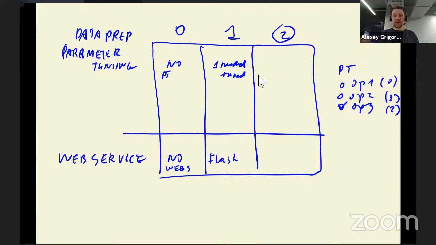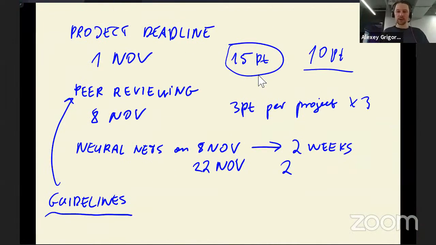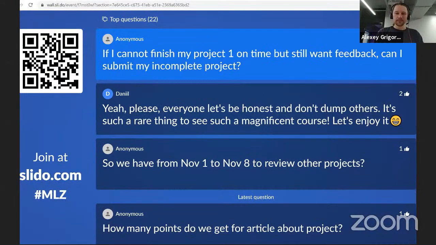You will still learn something and you will still get feedback. Regarding the passing criteria, I'll just need to take a look at the actual scores at the end, because if nobody gets 15 points, then yeah. I hope it doesn't happen, but let's see. I want to look at the scores first.